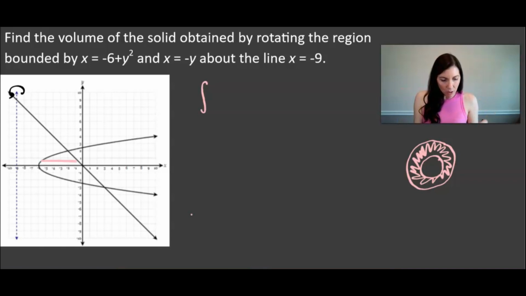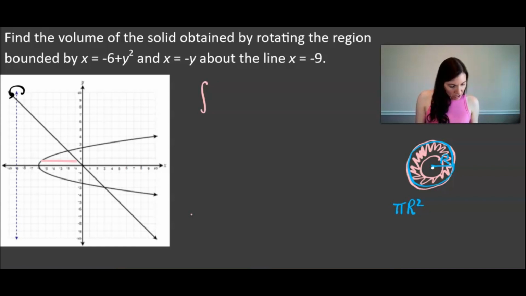To do that, I think the best way to find the area of this washer is to first calculate the area of this outer circle right here. I'm going to call the radius a capital R. So that area would be pi capital R squared, because the area of a circle is pi r squared, with r being the radius.